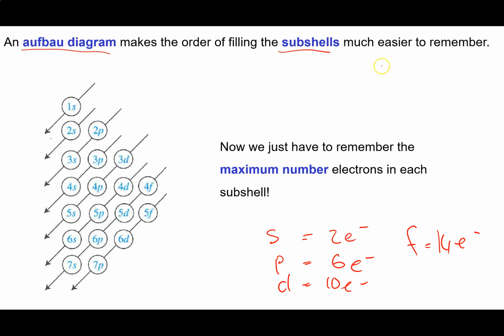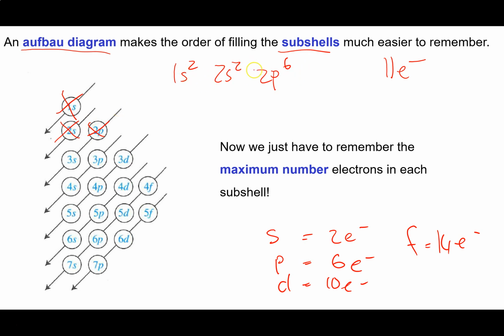So say I want to write the electron configuration for sodium. Sodium has atomic number 11, so I know it needs 11 electrons. So I'm going to do 1s2. Now that one's filled. So now I go to this arrow, 2s2. That one's filled. So I go to the end of my next arrow, 2p, and now that can have 6, so that's filled.